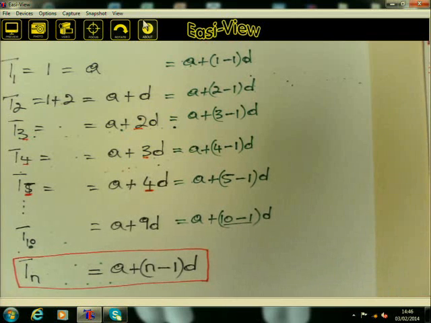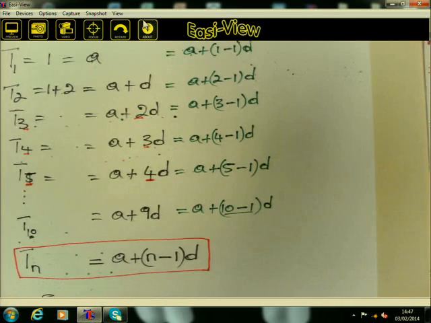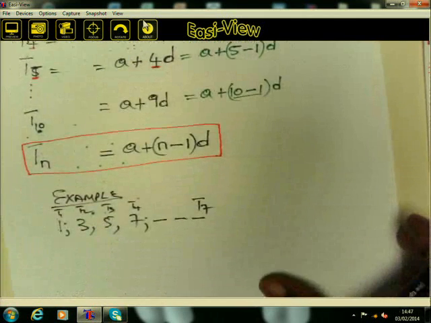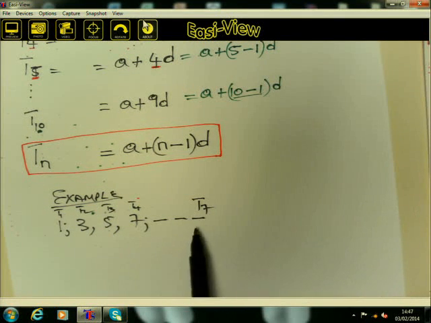We know that we had 1, we had 3, we had 5, we had 7. Now this is T1, T2, T3, T4, there must be T5, T6, T7. Now we are looking for T7, term number 7 there.